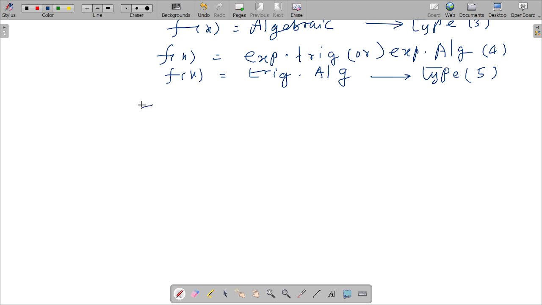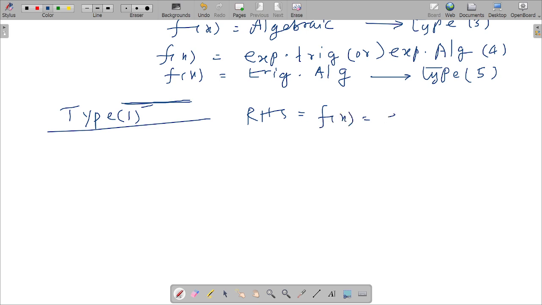For example, type 1 is where the right hand side f of x is exponential, in the format of e power ax. Then the particular integral is, in general, the right hand side by the left hand side.